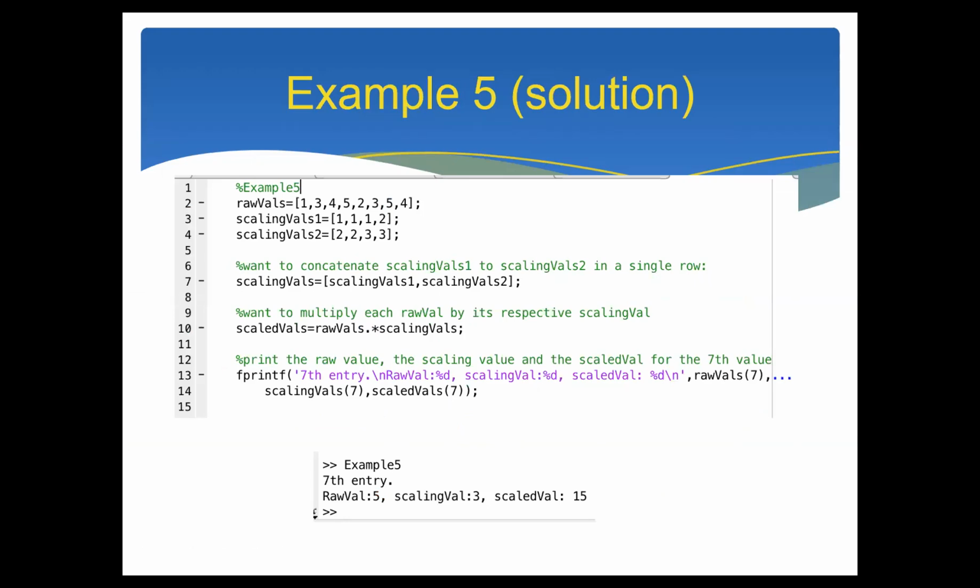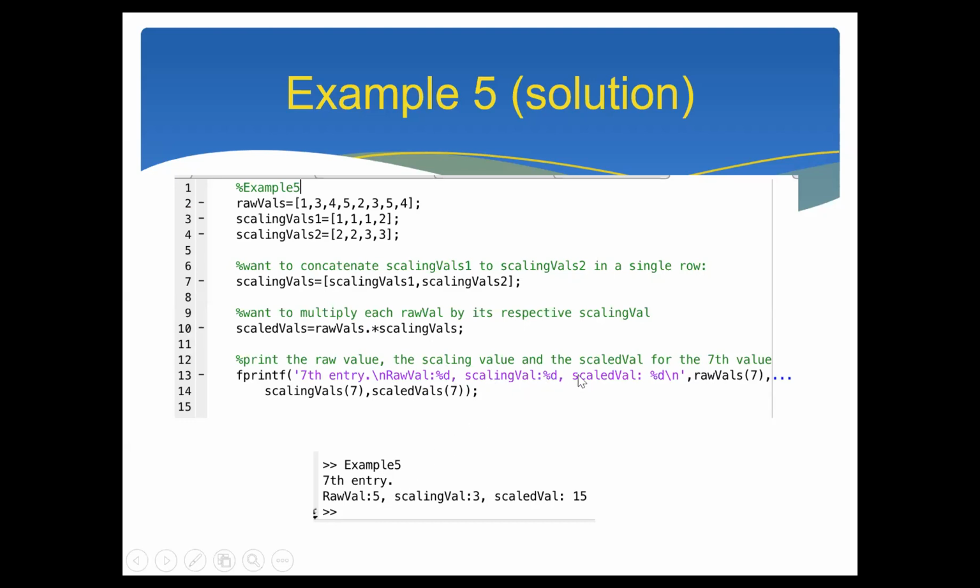And here is a solution if you haven't got that. It will print out this sentence. Here we have \n, it will switch the row. And row value, then this %d will be replaced by the 7th element, which is 5.